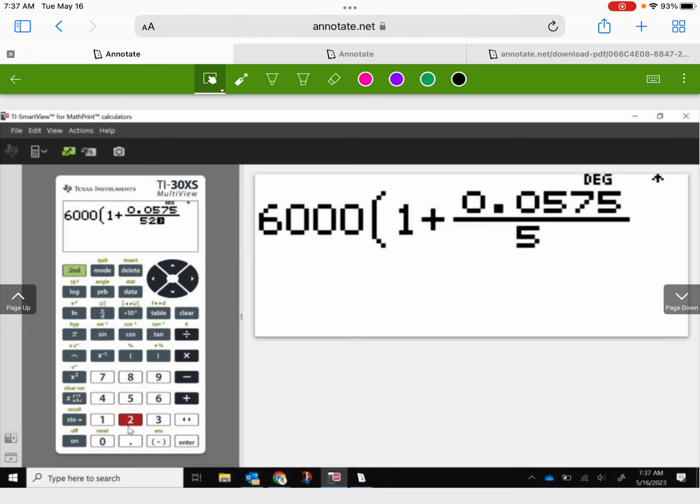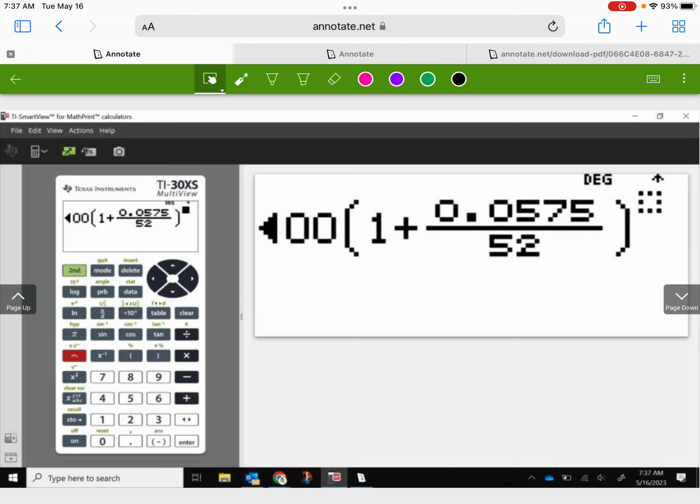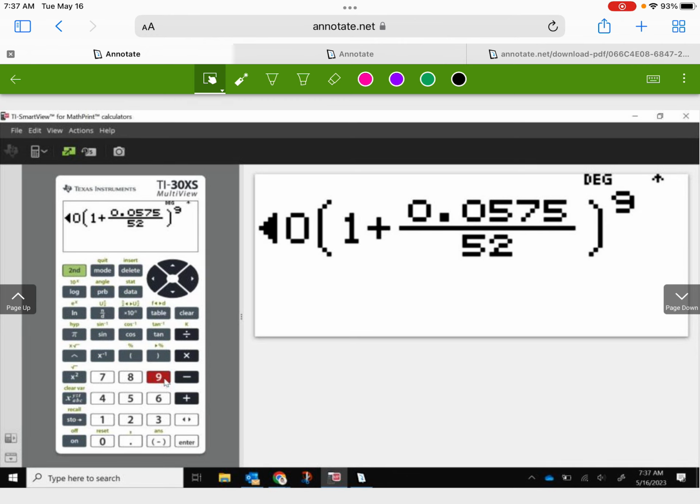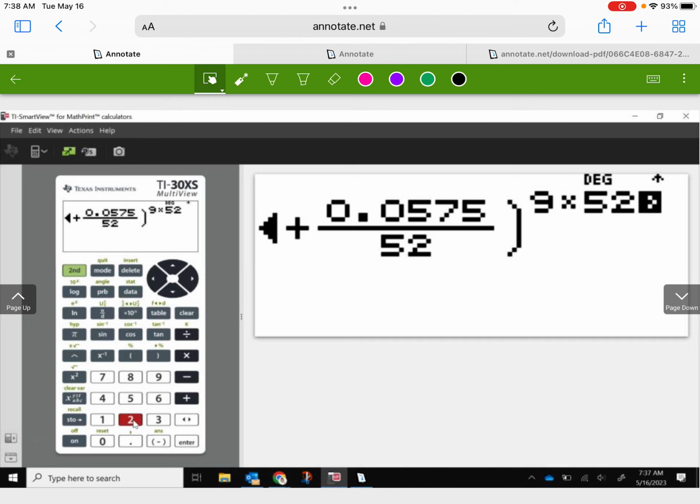Over 52. Close the parentheses. This is the raise it to the any exponent button. This little up arrow caret guy right here. We're going to hit him, and that puts us up in the exponent, and we can put in our 9 times 52. So we can straight up type the whole gosh darn thing into the calculator as it is. And then we hit enter.